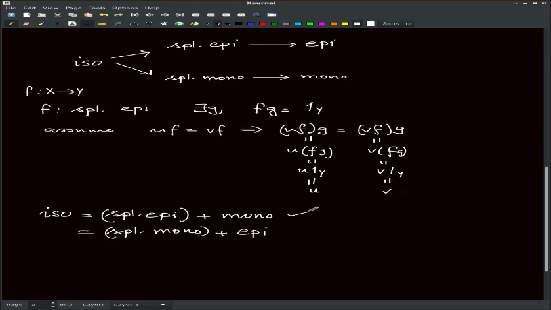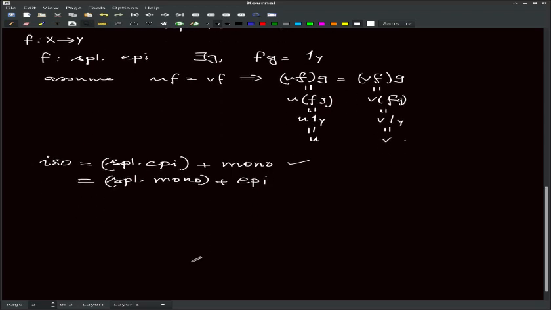Let me show this one. So suppose F is split epi plus mono. So the situation is like this.